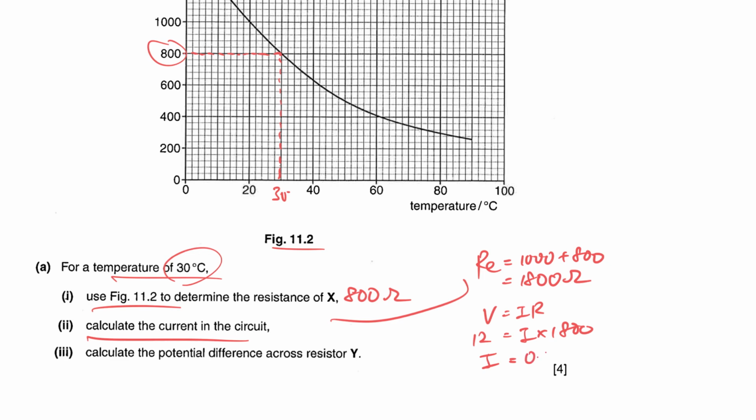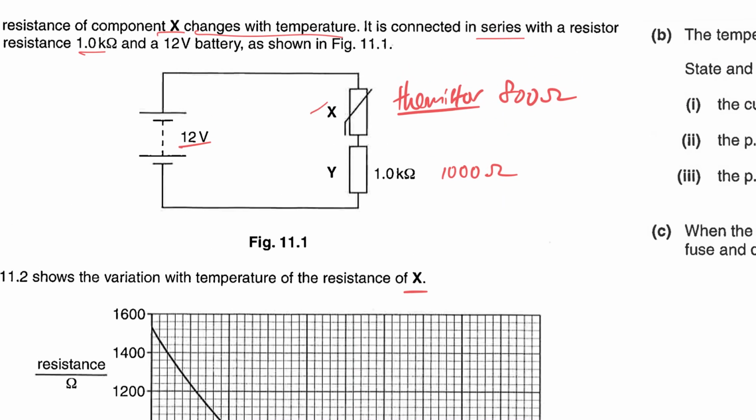So you get 0.00667, and you can round off to 0.0067 A.